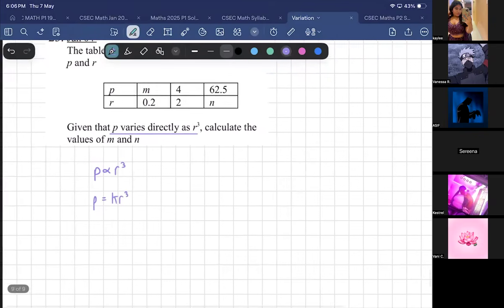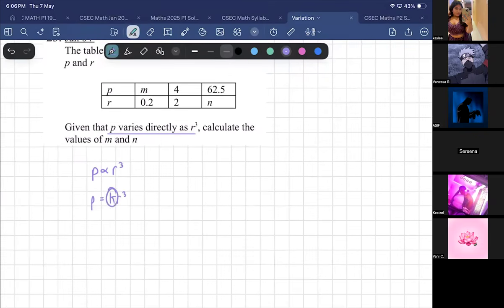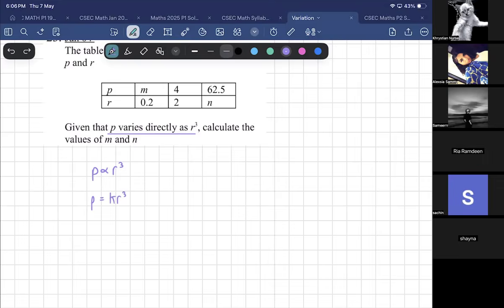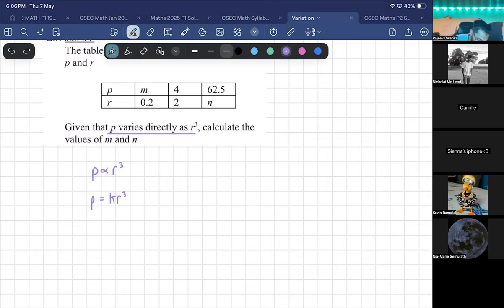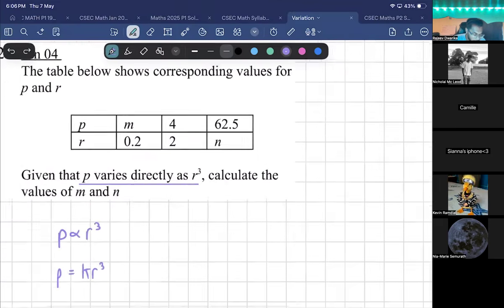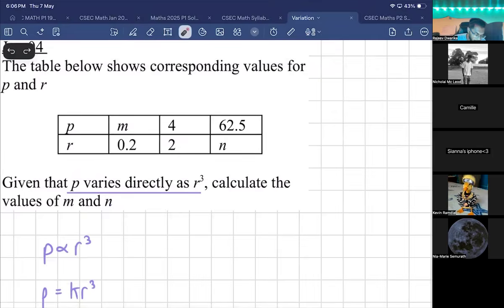Yeah. And so K is actually gonna tell us what's linking P and R cubed. So we need to find K. How am I gonna find K? You're going to find K by using the numbers that it has related between P and R, which is 4 and 2.